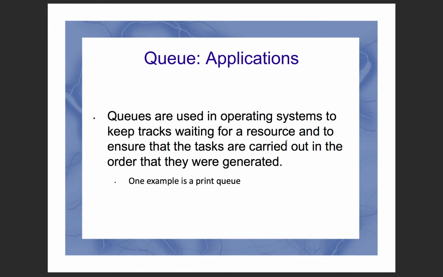Now you request from your computer to print something. Your colleague also sends a print command to the printer. If your request comes before your colleague's request to the printer, then your job will be served before your colleague's request.